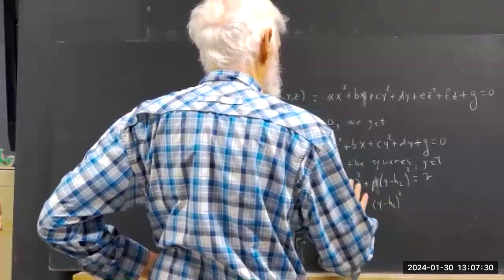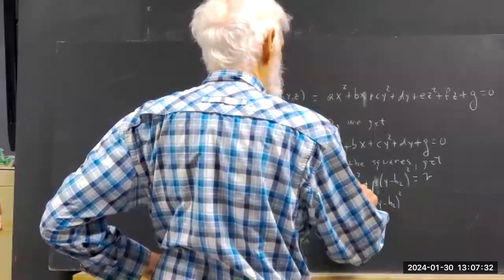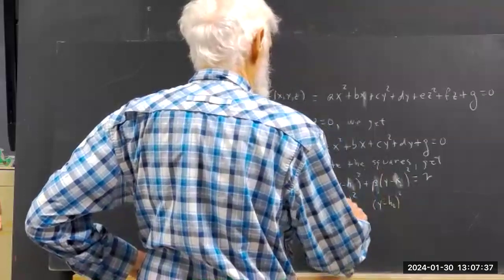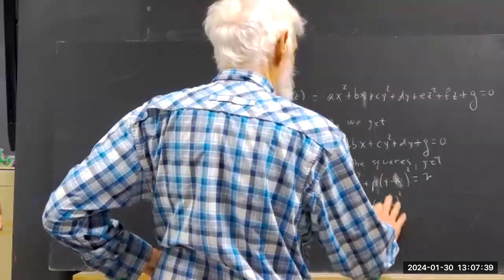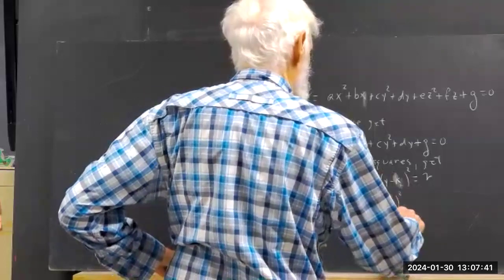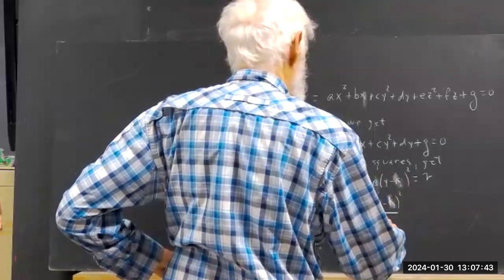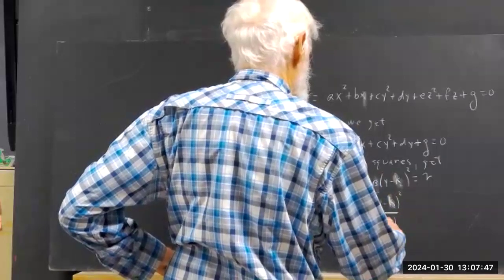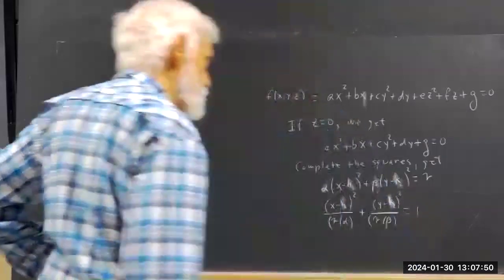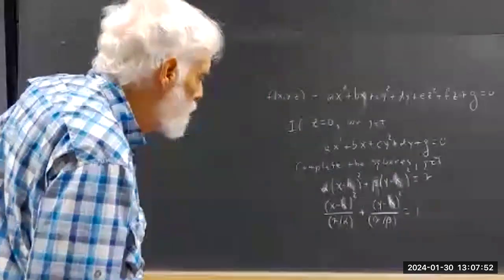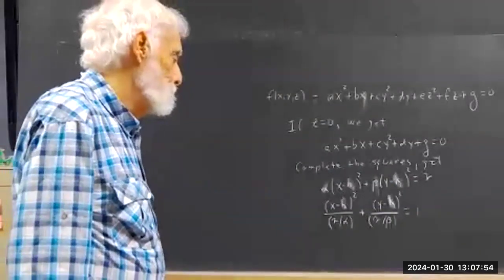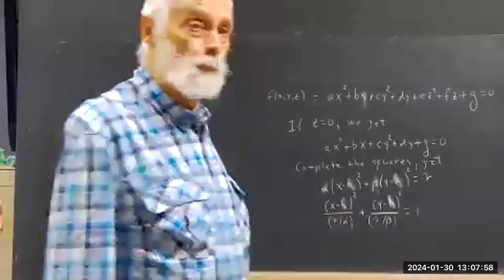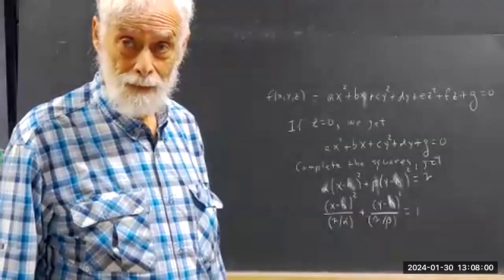No, I don't need H1 and H2. Just call that H and K. I don't know why it wasn't mentioned. And so call this H. Call this K. And this would be over quantity gamma over beta equals 1. And what's that? Well, if alpha and beta are both positive, it's an ellipse.